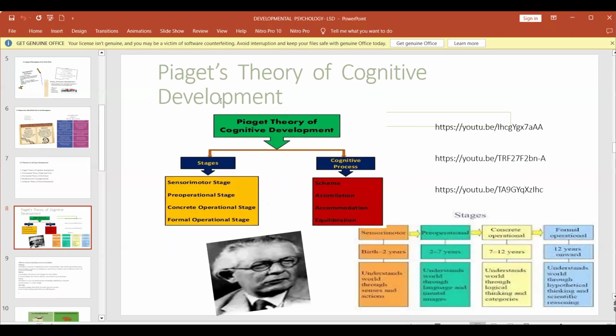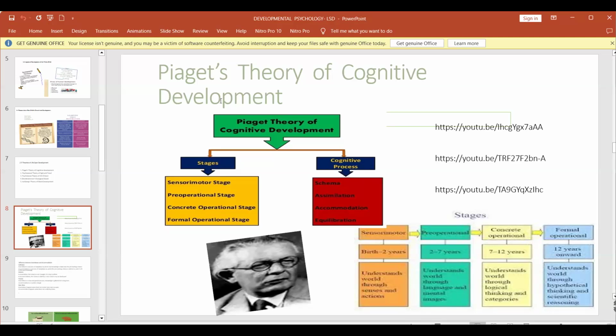The underlying principles: cognitive development happens with age, and in stages. Age may vary, never the sequence.